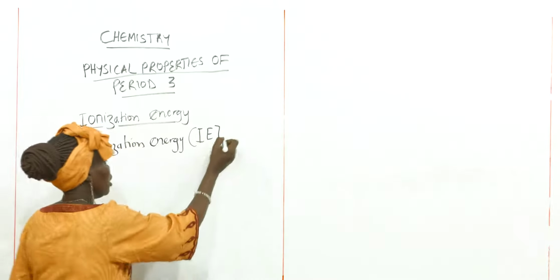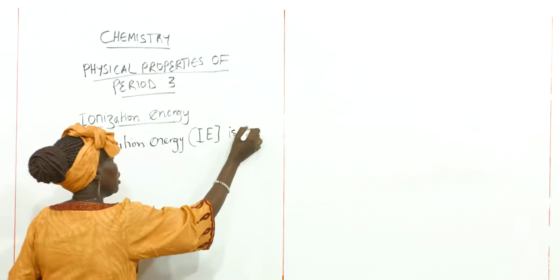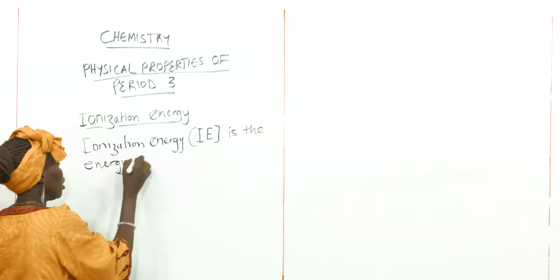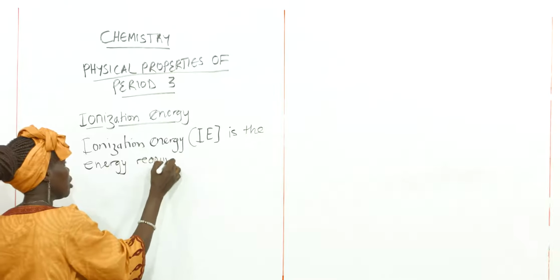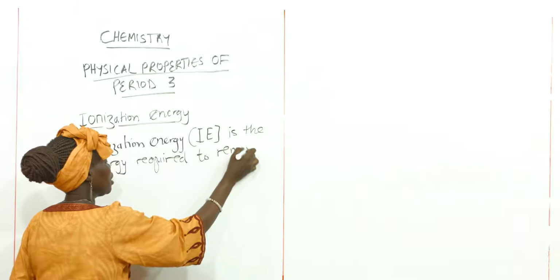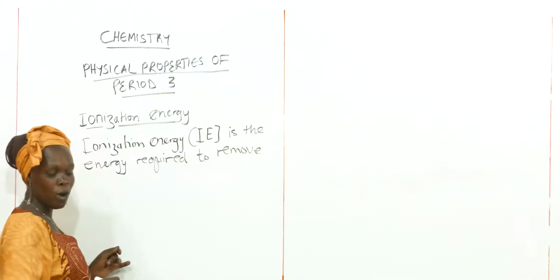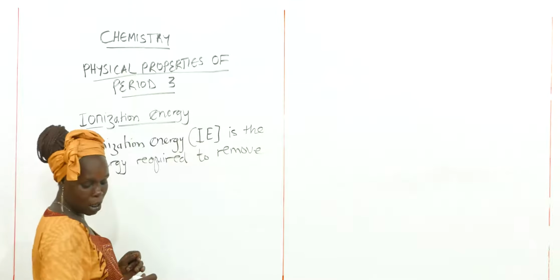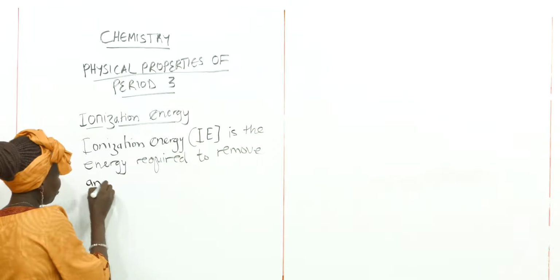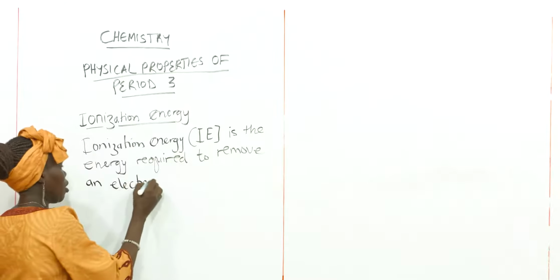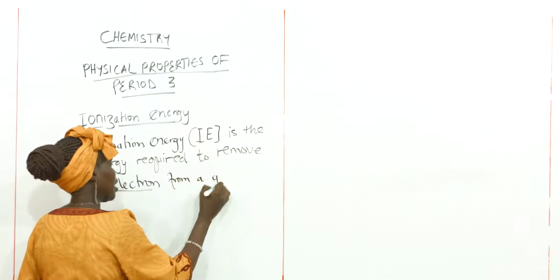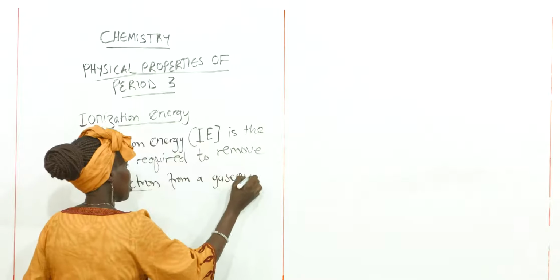So ionization energy is the energy required to remove an electron from a gaseous atom.